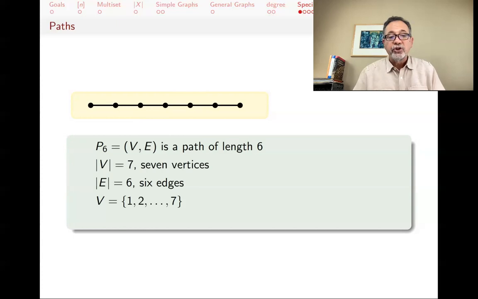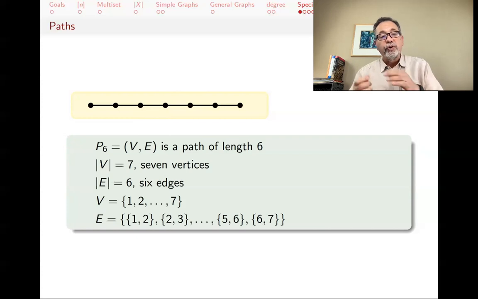So the vertices could be 1 through 7, and then the edges are 1,2; 2,3; 3,4; 4,5; 5,6; and 6,7. This would be the formal definition of a path, where you have vertices and then the edges are these consecutive pairs.